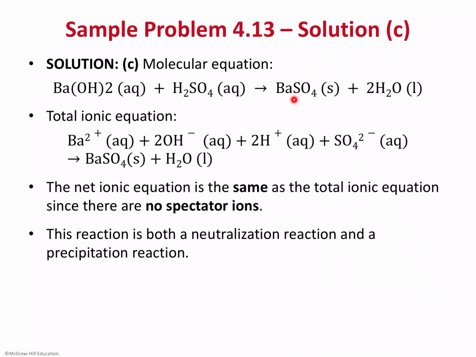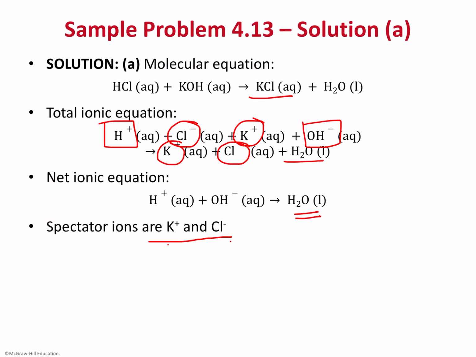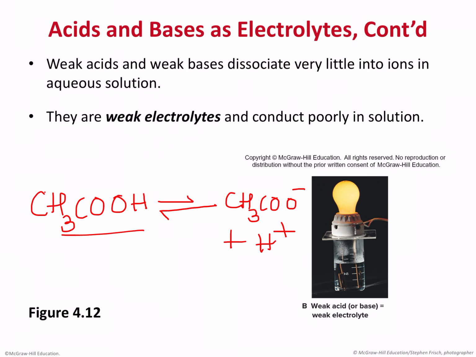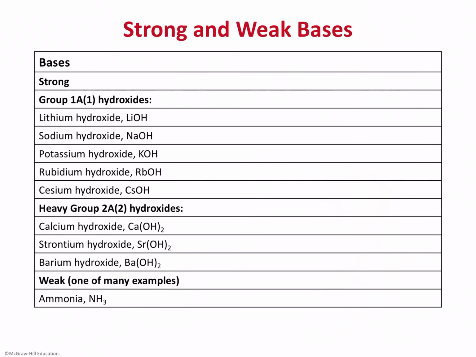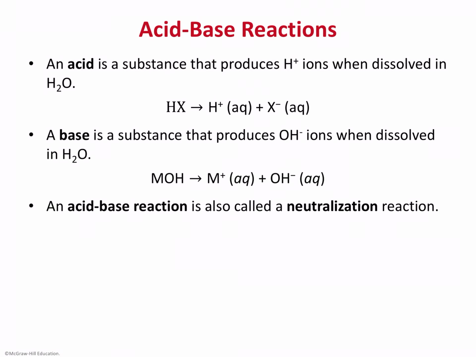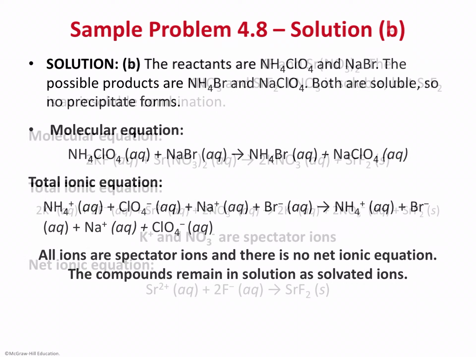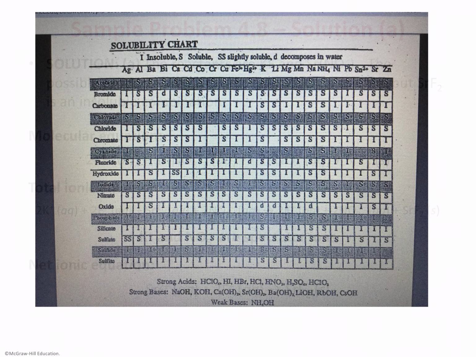Now if you refer to the solubility chart, you will find barium sulfate is a solid, but let's go and see. Barium. So where is the barium? Barium is right here, and then the sulfate.